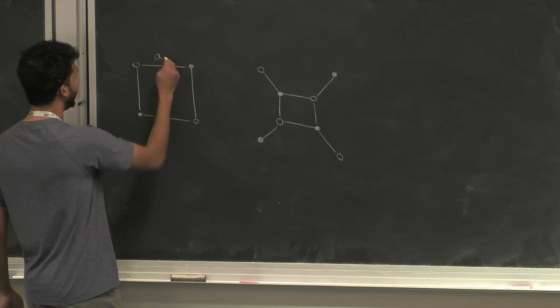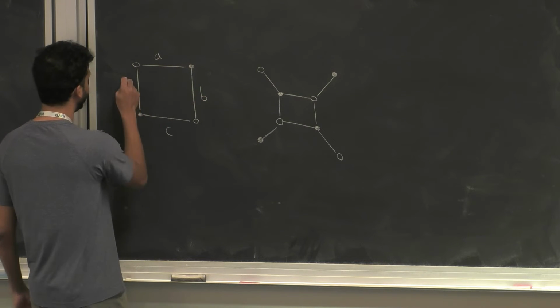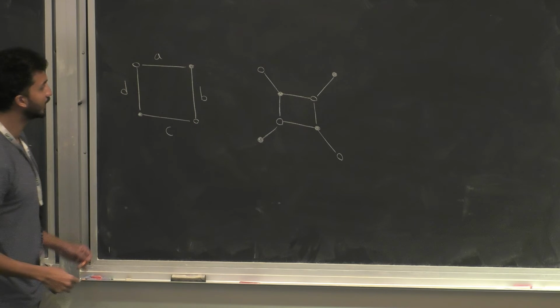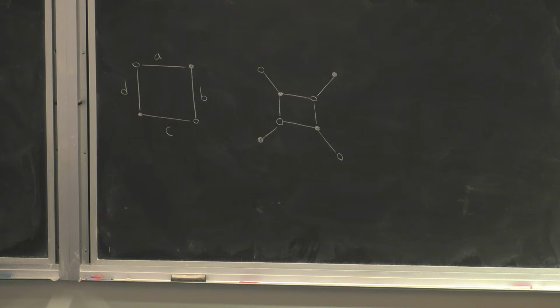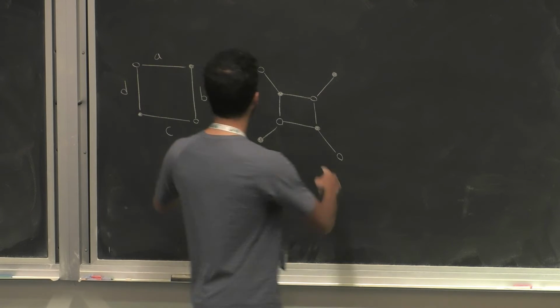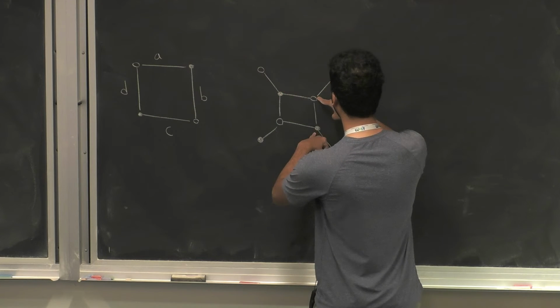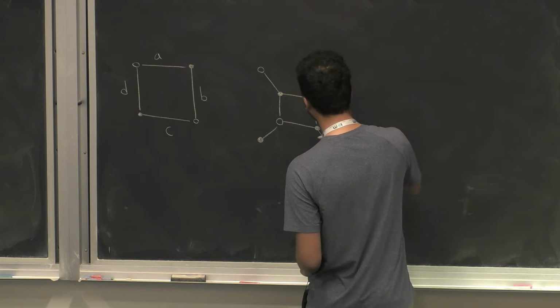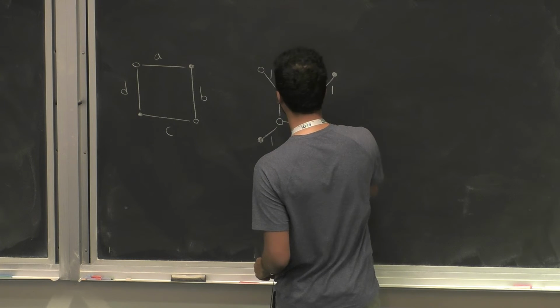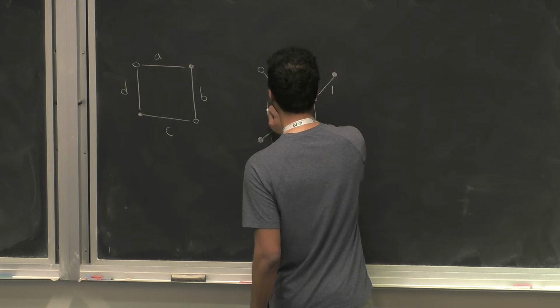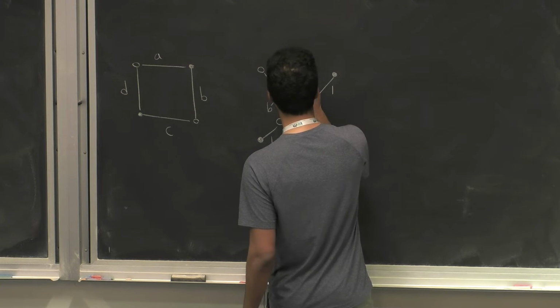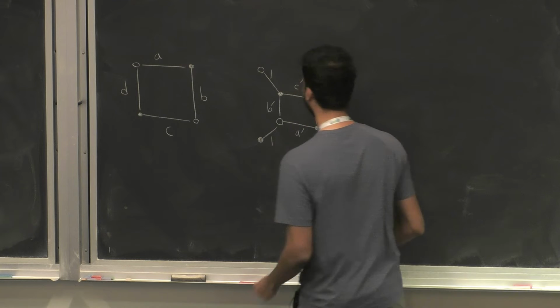Suppose you have some initial weights on these edges, which are defined modulo gauge transformations. I want to find new weights on the spider, which are also defined modulo gauge transformations. After doing gauge transformations at these vertices, I can assume that these edge weights have been made into 1. And I want new A prime, B prime, C prime, D prime on this graph over here.